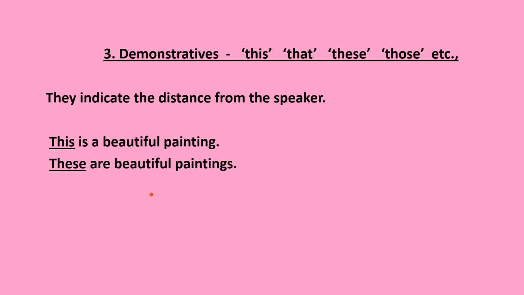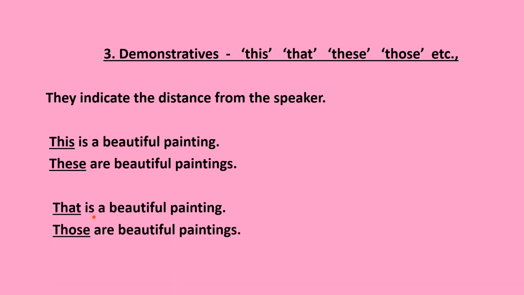When we use this and these, they are nearer to us. And then that is a beautiful painting. Those are beautiful paintings. So they tell that they are far away from the speaker. See, students, these appear to be very simple, but when you write them in the examination, you really get confused. When we solve the exercises, you will come to know about this kind of demonstratives.